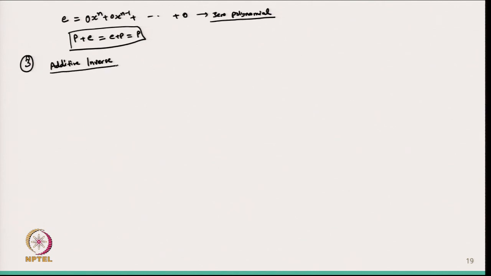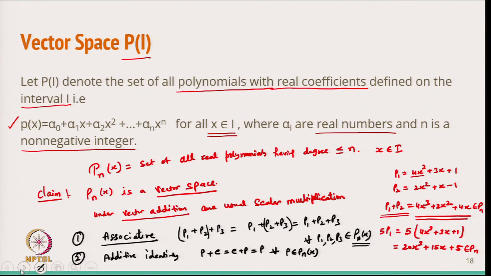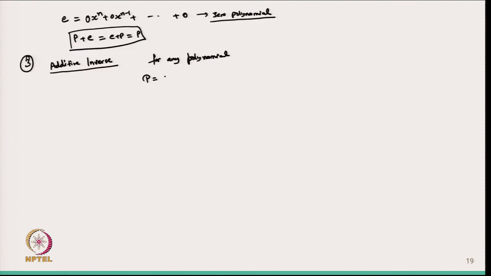In the additive inverse also, I know that for any polynomial p, suppose I take the polynomial p as alpha naught plus alpha 1 x plus alpha 2 x square up to alpha n x n.